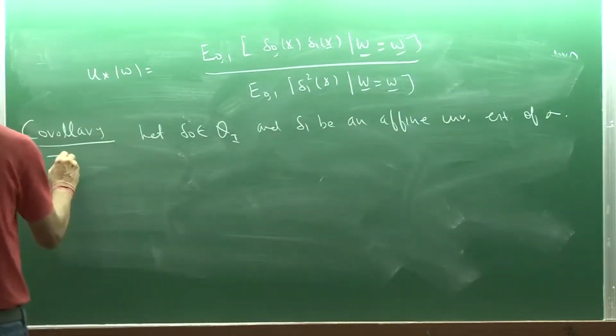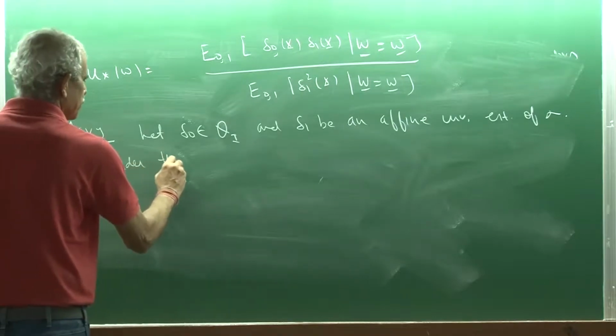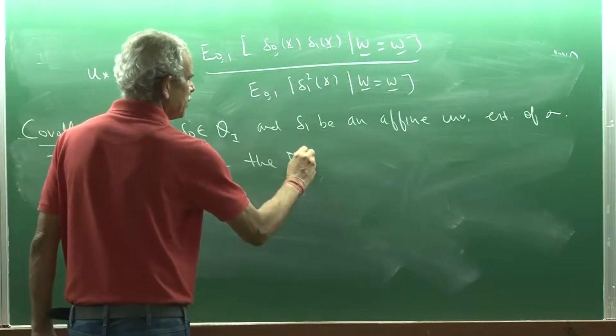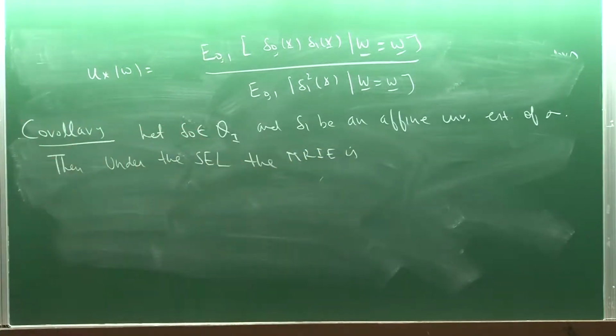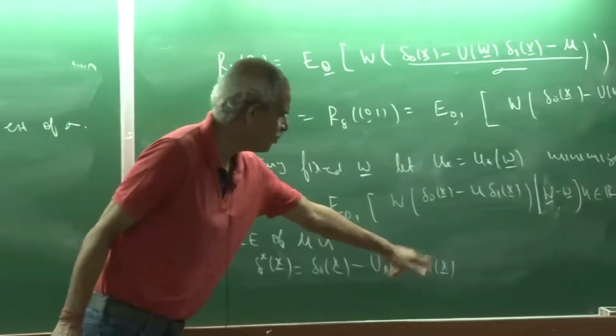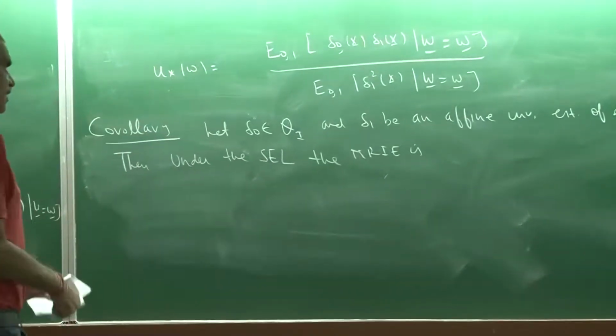Then, under the squared error loss, the minimum risk invariant estimator is delta naught x minus u star w delta 1 x, where u star w is given by this.